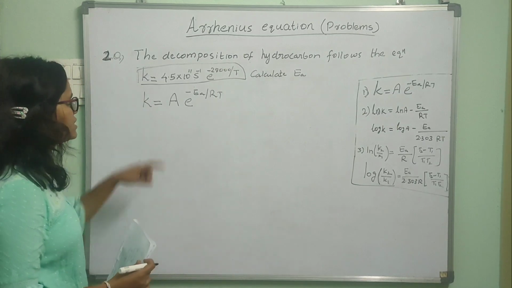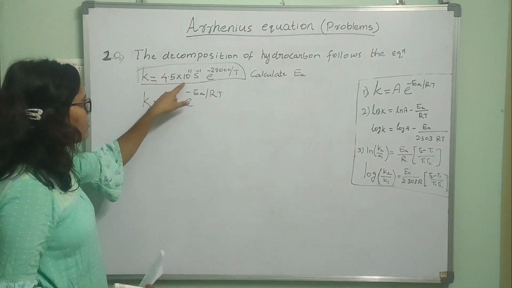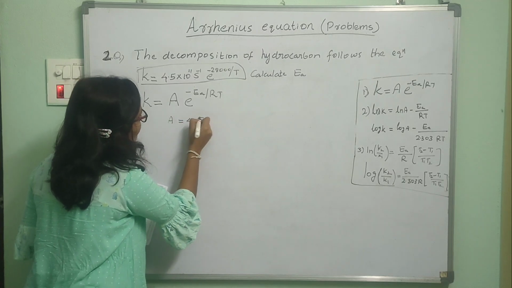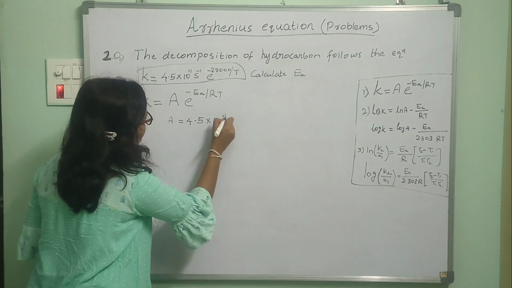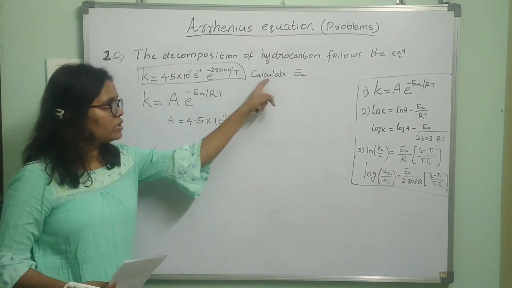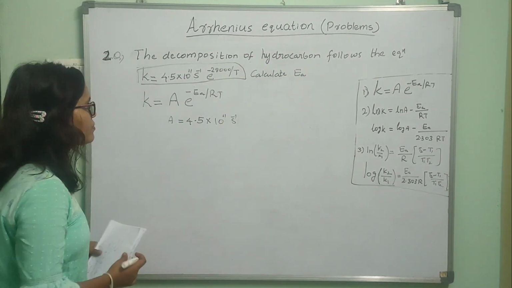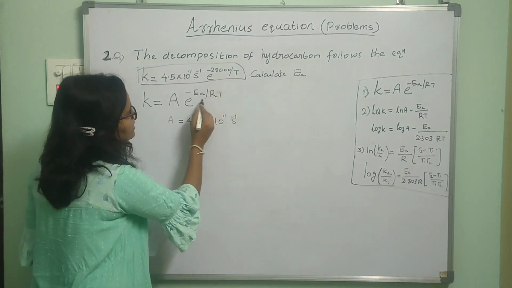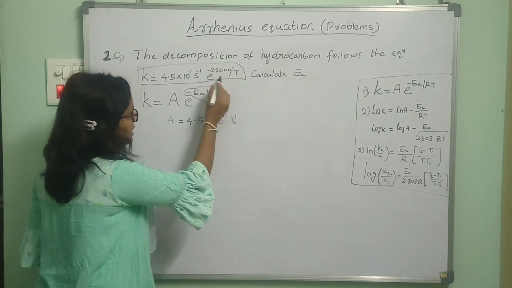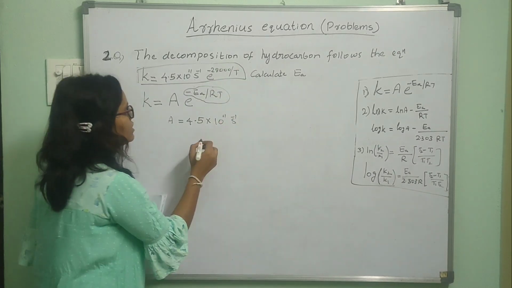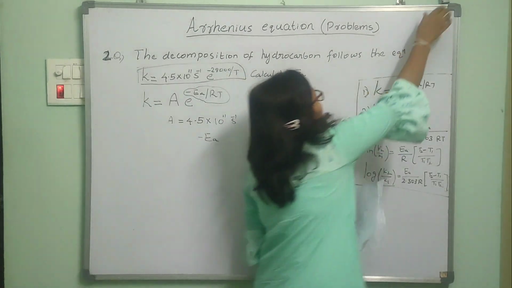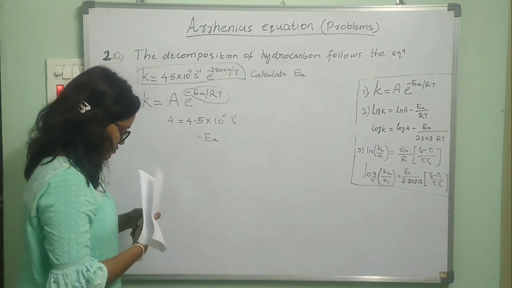Now when you compare these two equations, you can find the value of A, which comes out to be 4.5 into 10 power 11 second inverse. But you are not asked to find the value of A. You are asked to calculate activation energy. Now we know that here they have given minus EA by RT as minus 28,000 by T. So now I compare these two parts of the equation.